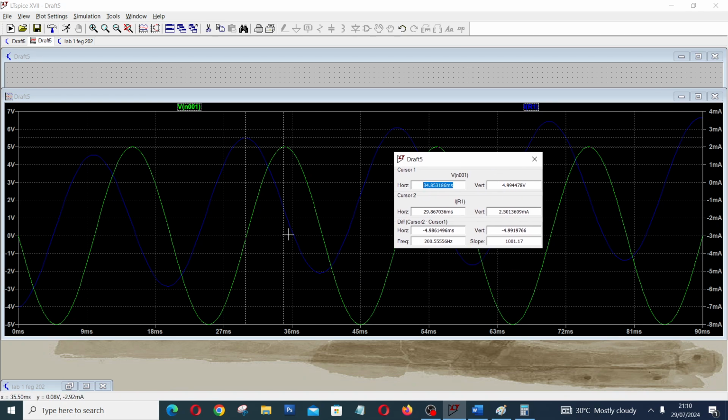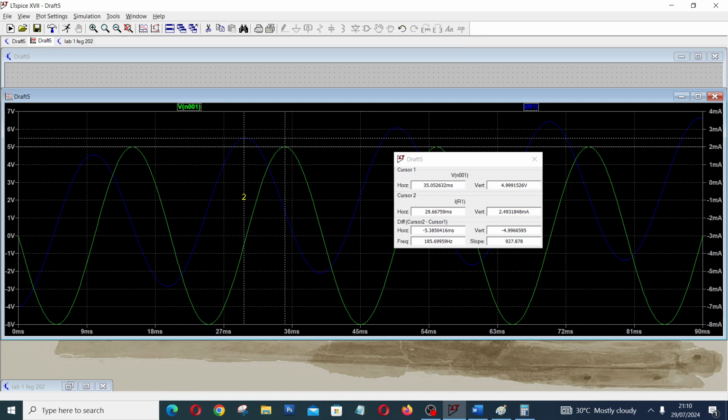So let's make sure that we are putting this at the very peak. What is the peak of this waveform? We are getting 4.997, which is the highest I was able to get here. Let me see the highest I'm getting from here.